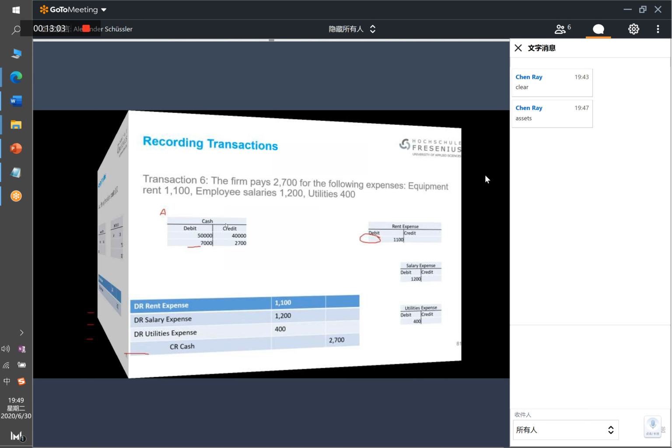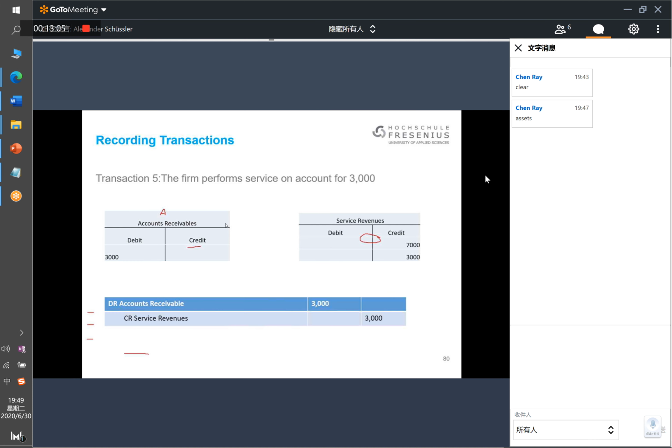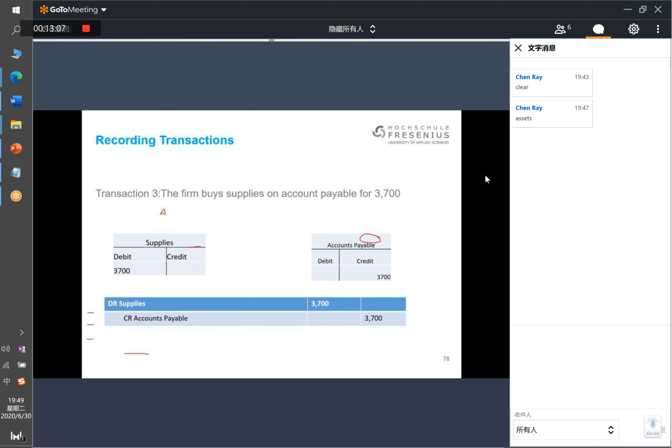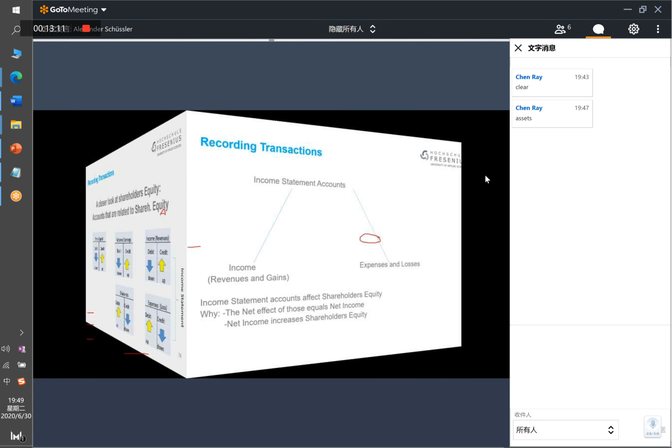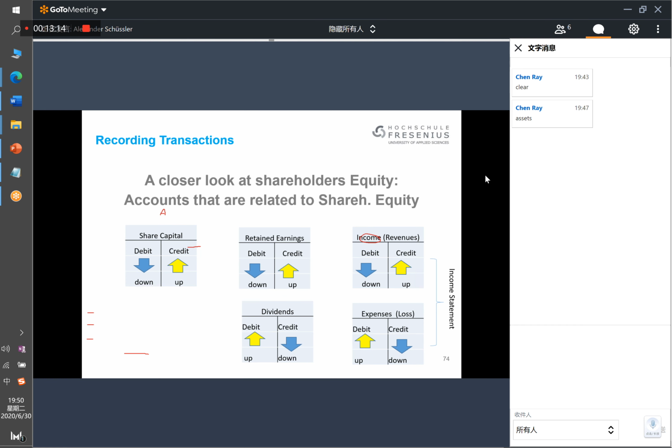So we have these expense accounts, and as you see here, the expense accounts are the other way around. They go up when you debit them, and they go down when you credit them.